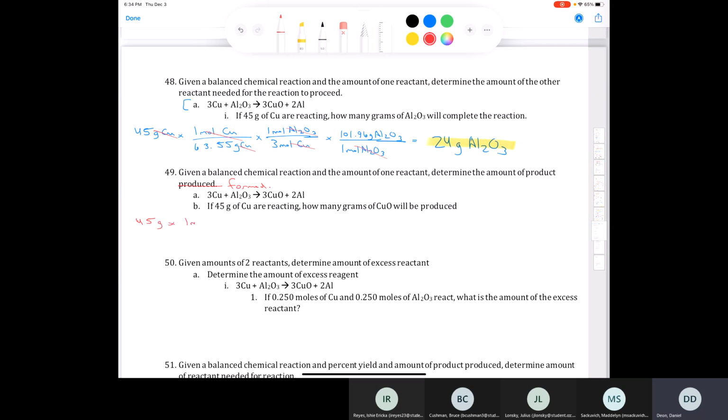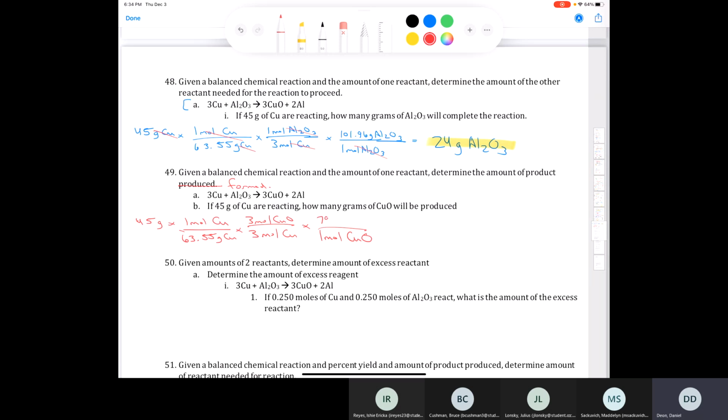We got 45 grams of copper. Same thing we did before. We know that in 1 mole of copper, we have 63.55 grams of copper. We know that for every 3 moles of copper, we're going to form 3 moles of copper 2 oxide. And we know that in 1 mole of copper 2 oxide, I've gone ahead and looked at the molar mass of copper 2 oxide.